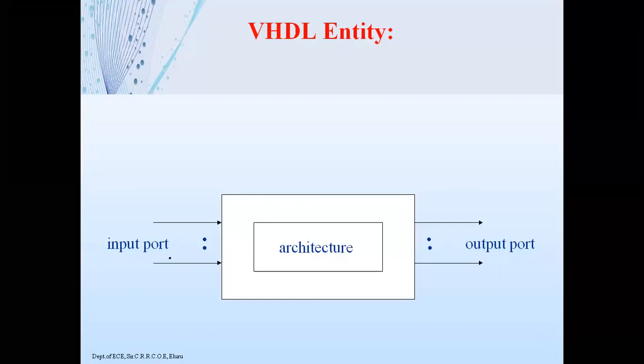The VHDL entity describes the external interfaces, that is, how the digital device can communicate with other devices, in terms of inputs and outputs. So the VHDL entity describes the interfacing ports regarding the input and output.